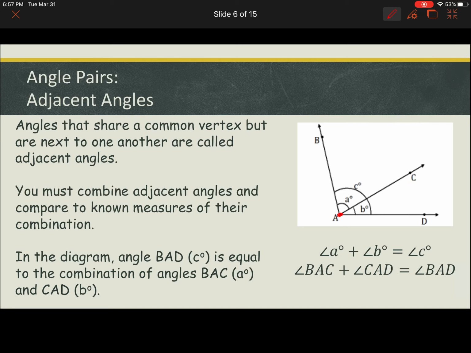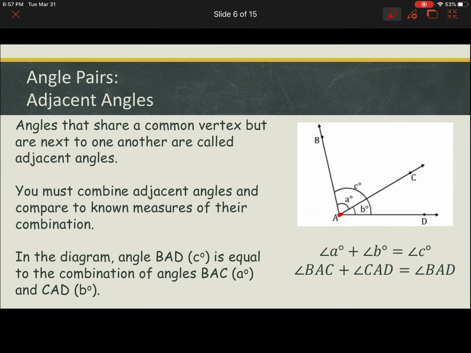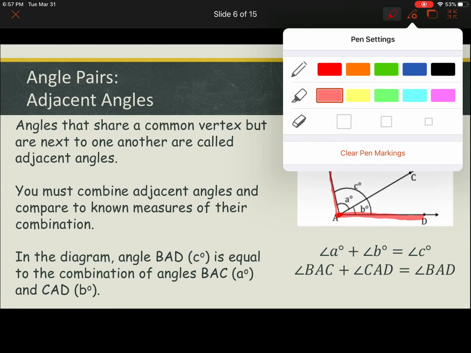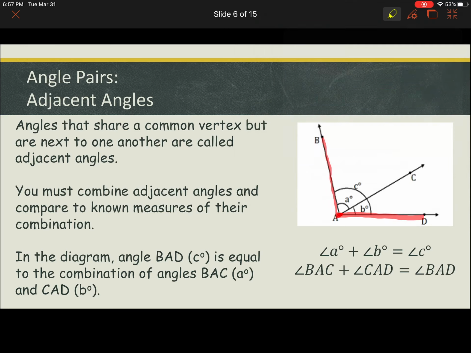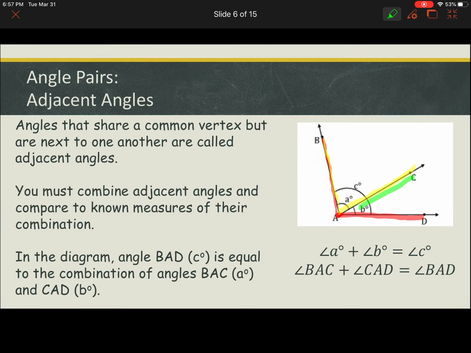So in order to calculate adjacent angles, you have to have some type of known measure for them to be combined. Okay? So in the diagram here, we have the larger angle BAD. That's the entire angle here. That is equal to the interior angles, we have BAC and CAD.